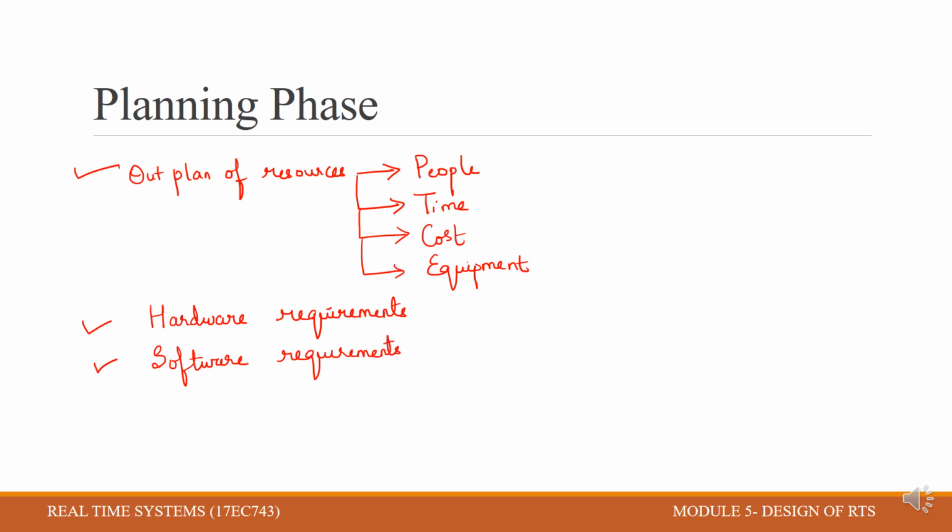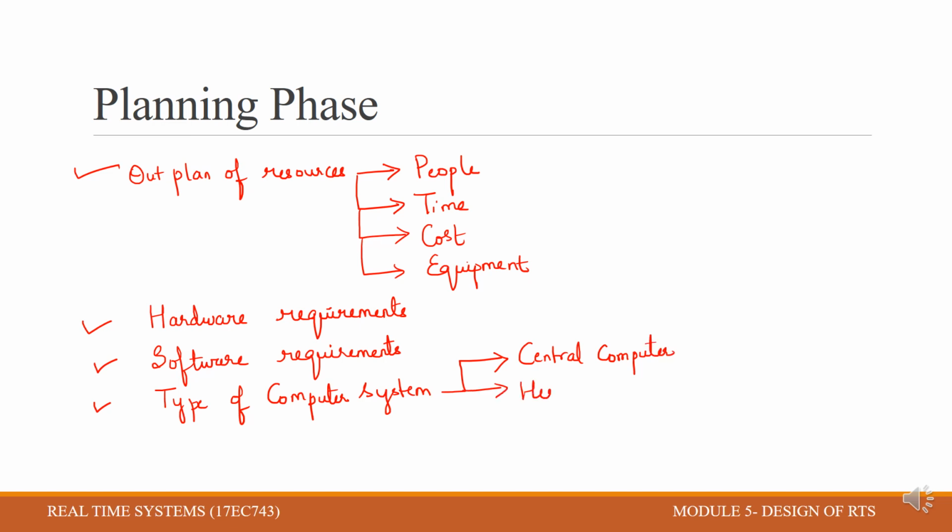This preliminary decision is needed in order to design a real-time system. Apart from this, a preliminary assessment should also be carried out on the type of computer to use. Depending upon the different designs, we may have to select different types of computer systems, which include a central computer, a hierarchical computer system, or a distributed system.